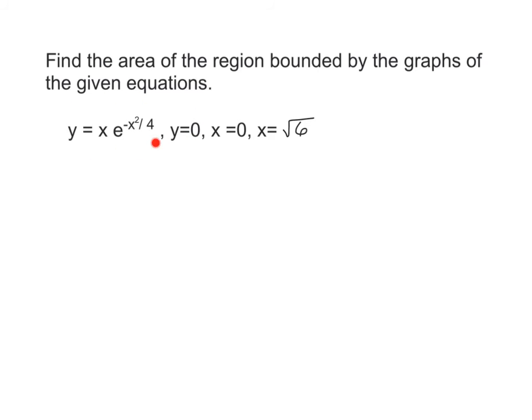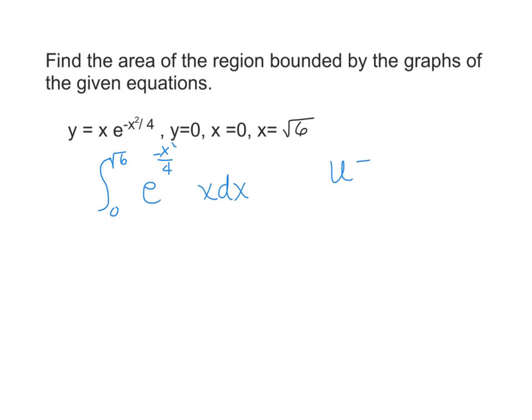So we want the area bounded by the function, the x-axis, and then the vertical lines 0 to square root of 6. So we're going to write that as an integral from 0 to square root of 6 of e to the negative x squared over 4 times x dx.